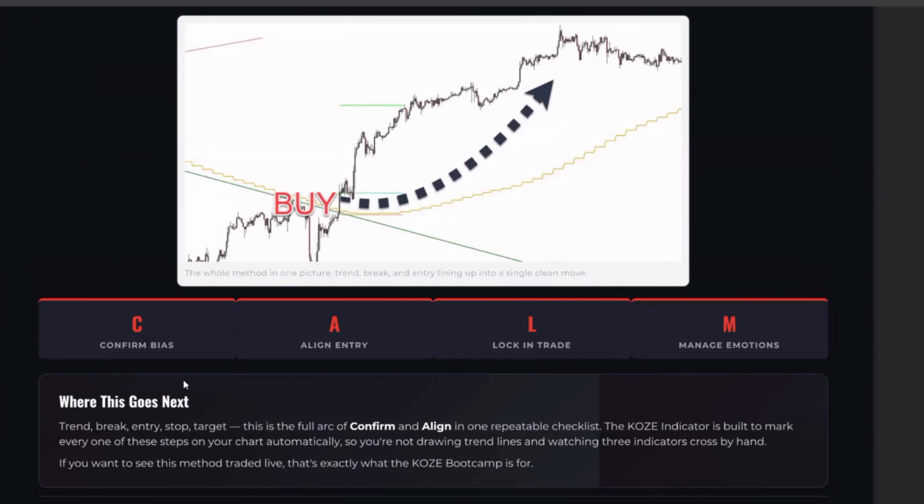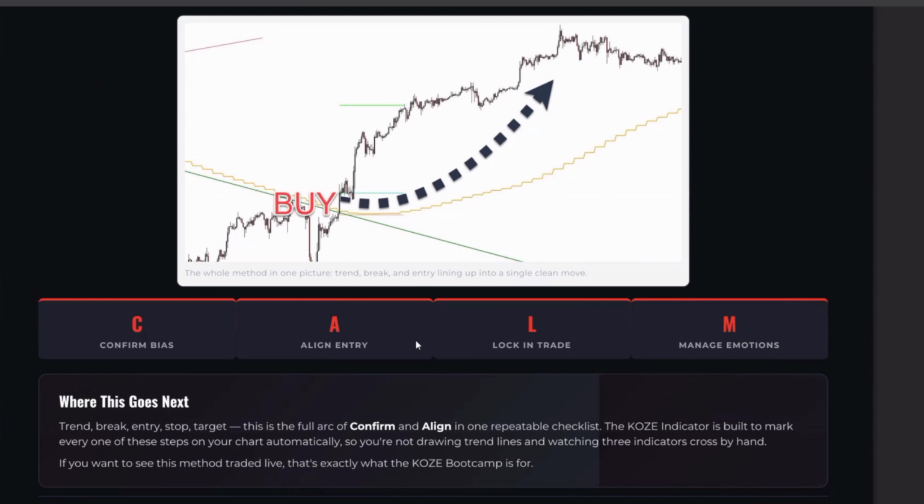So that is where we're going next, which is just confirmation and alignment. That is the 2 that we have been covering for the past 2 days: understanding how to confirm your bias and understanding how to align your entry with that bias. Now, in day 3, tomorrow's training, we are going to go over how to lock in your trade and manage your emotions.